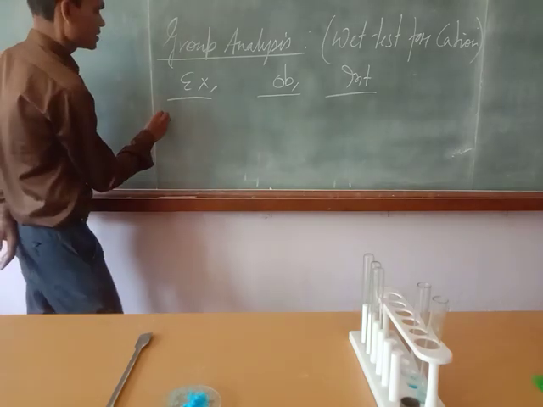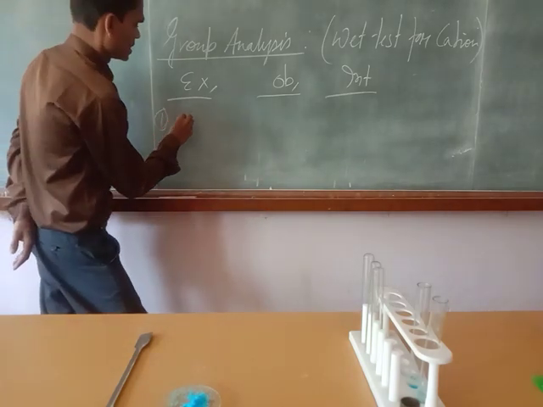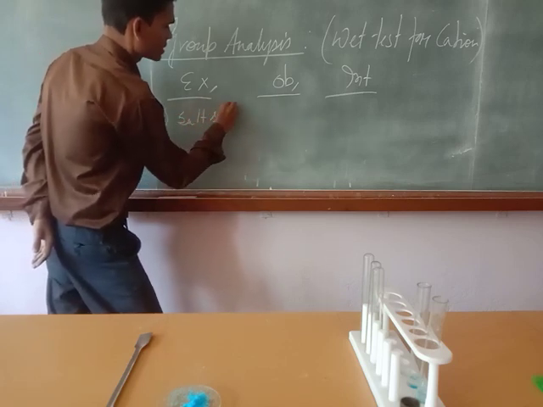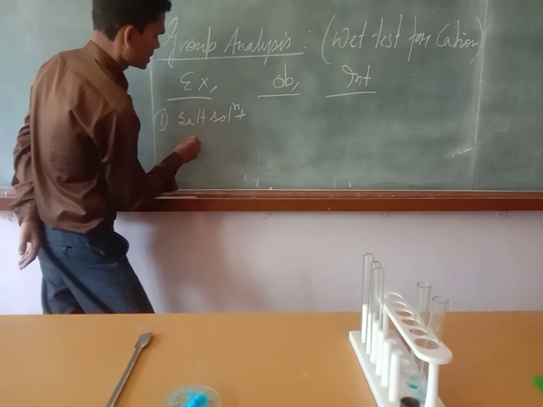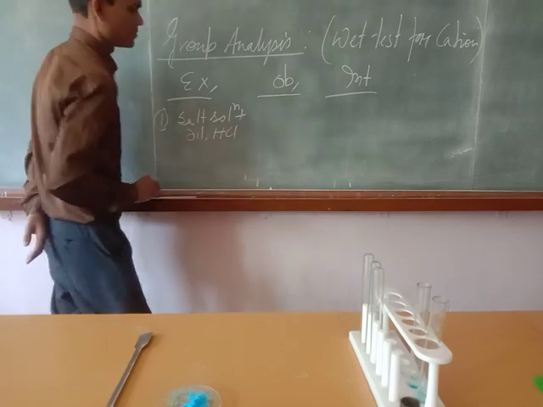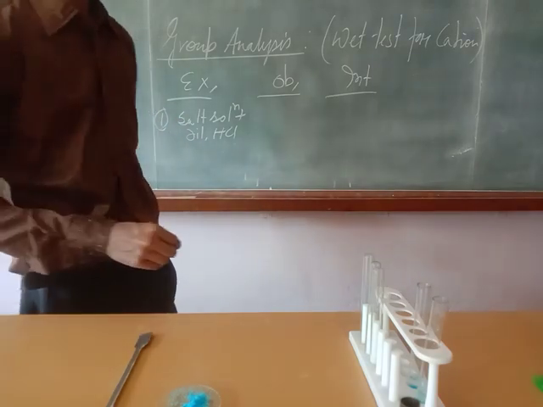In the experiment box, the number 1 test is salt solution plus dilute HCl. This is the test for group 1.